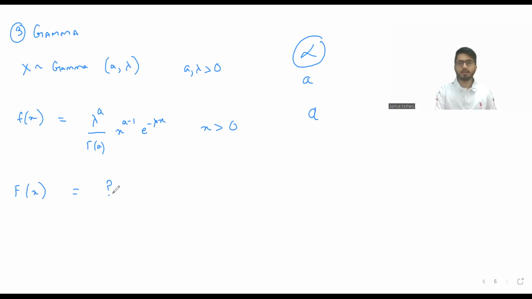We were able to integrate this and get a generalized form. Here, we cannot do that. If you try to integrate this, you don't know how many times you need to apply integration by parts. So there is no closed form as such. You can write it as no closed form.